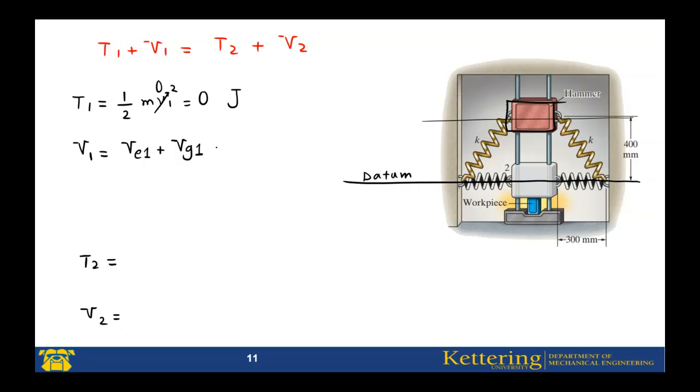Now, the potential energy because of the elastic spring is 1 over 2 K S1 squared plus W Y1. W is because of the mass of this hammer, and Y1 is from this height. This is the potential energy because of this hammer, and this is the potential energy because of the elastic springs.